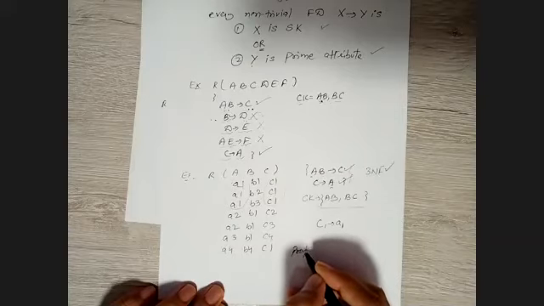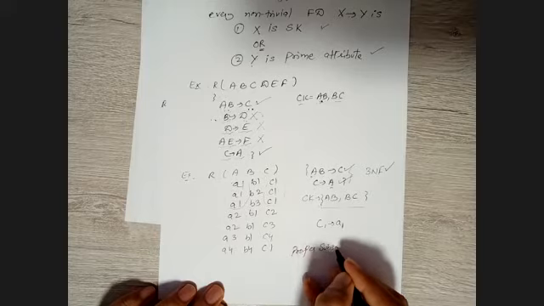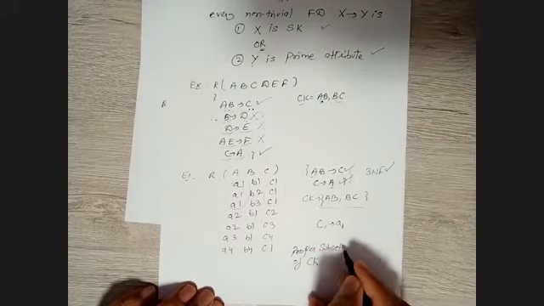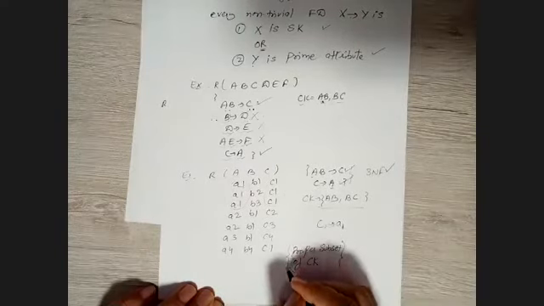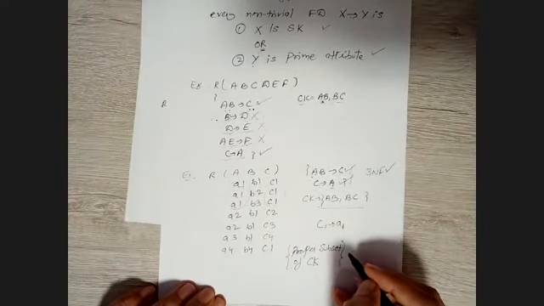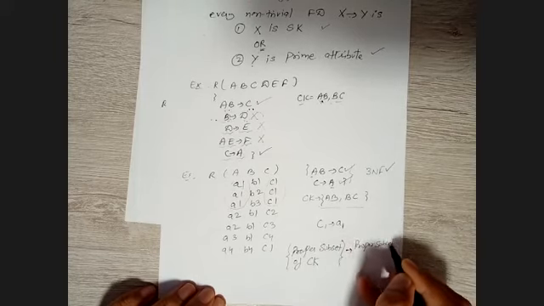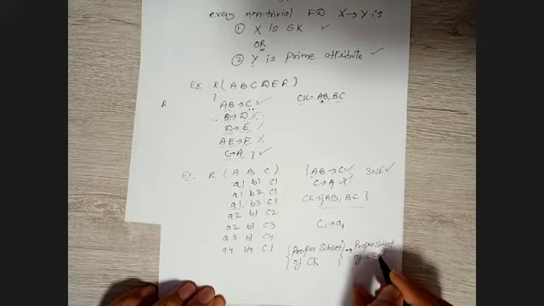Understand this thing. The proper subset of candidate key. Why does this happen? When the proper subset of a candidate key is determining the proper subset of another candidate key.